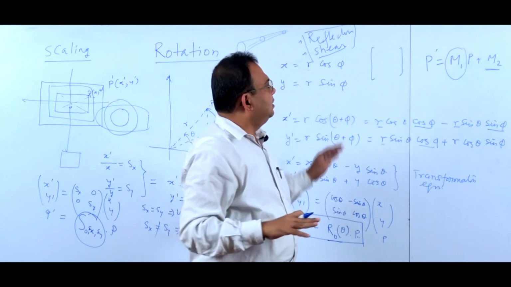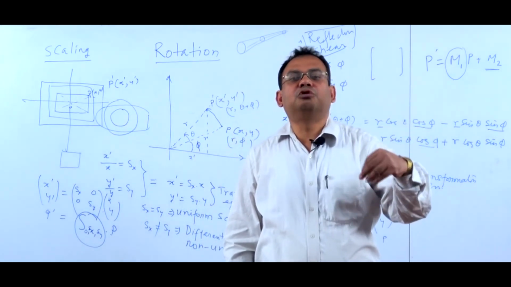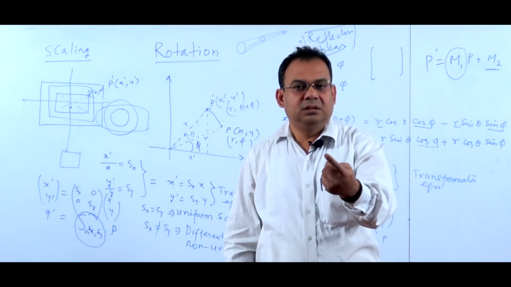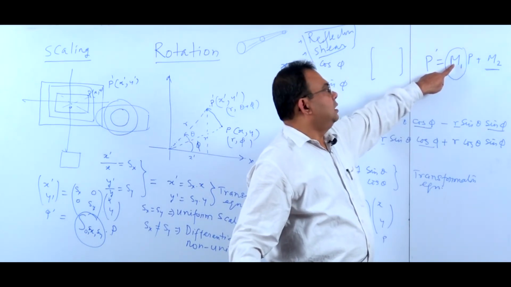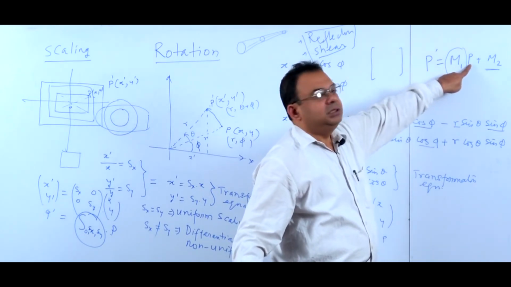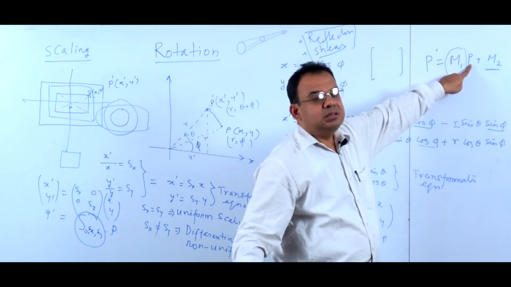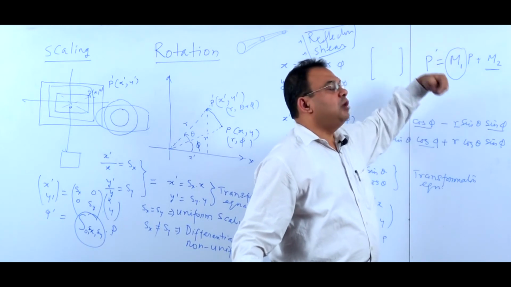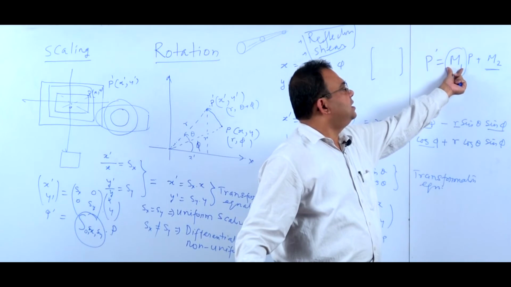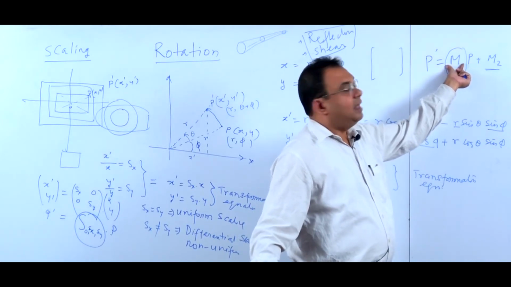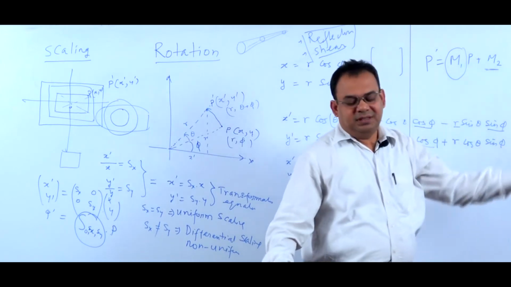So, if there is more than one operation, like first scaling followed by rotation then translation, then we need to multiply the scaling matrix with the object point and calculate the new positions due to the scaling. Then we apply the rotation, for which another matrix is multiplied, and then some matrix is added corresponding to the translation to obtain the final position.